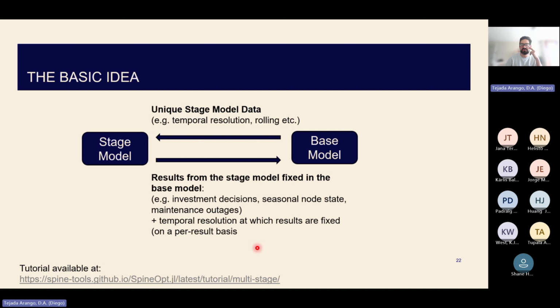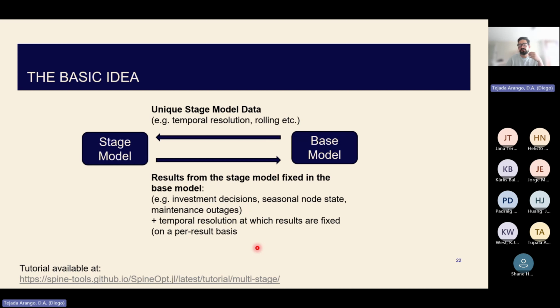So think about it: you first have an investment stage, then you want to fix those investments into another stage in which you have the dispatch of the seasonal storage, and then you want to do the hourly dispatch in a rolling horizon mode to get the prices, for example. So, let's say, in 3 stages.